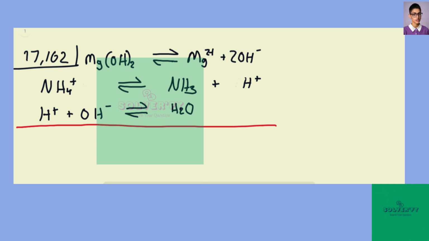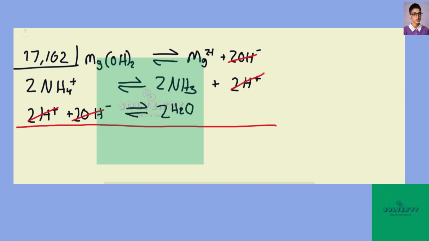So what we need to do is add our appropriate, or we want to have the hydroxides cancel. So we have to add 2 across the board here so that the hydroxides can cancel. Then we want to make sure we have the 2's canceling, the protons canceling.